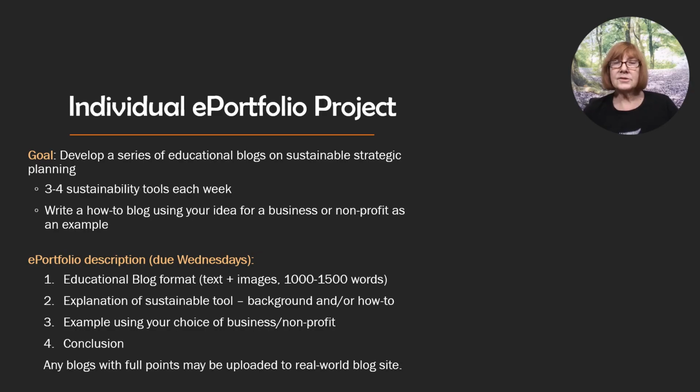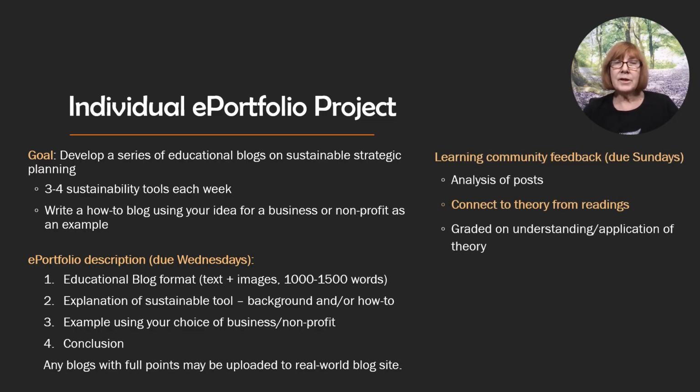Any final blogs that are scored with full points may be uploaded to a real-world blog site that we have available. The learning community feedback is due on Sundays and should include a connection to the underlying theory from the readings. These will be graded on your understanding and application of theory.